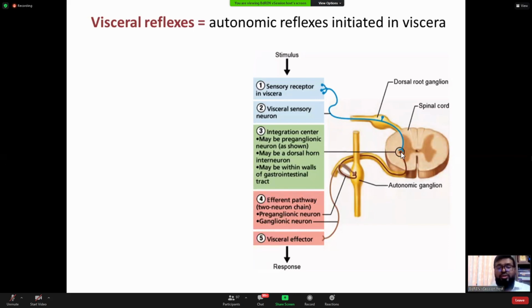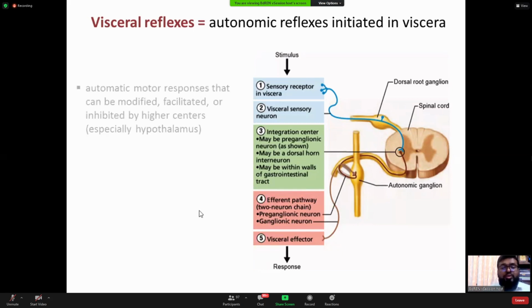But anyway, that is another point. The thing is that the sensation has come and been dealt with at the spinal cord level, and the reflex is completed by the efferent neuron, which has two neurons in its arc.